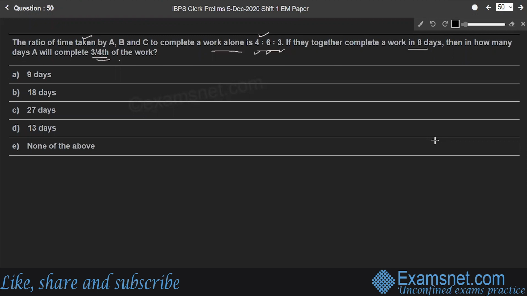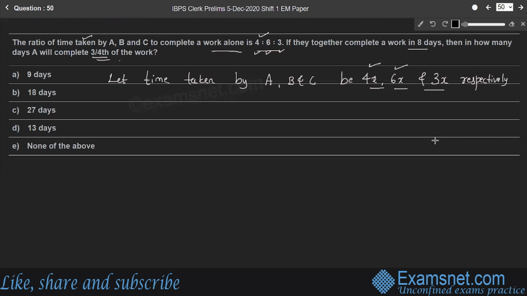So let us write the time first. Let time taken by A, B, and C be 4x, 6x, and 3x respectively. Then LCM of their individual times becomes the total work.